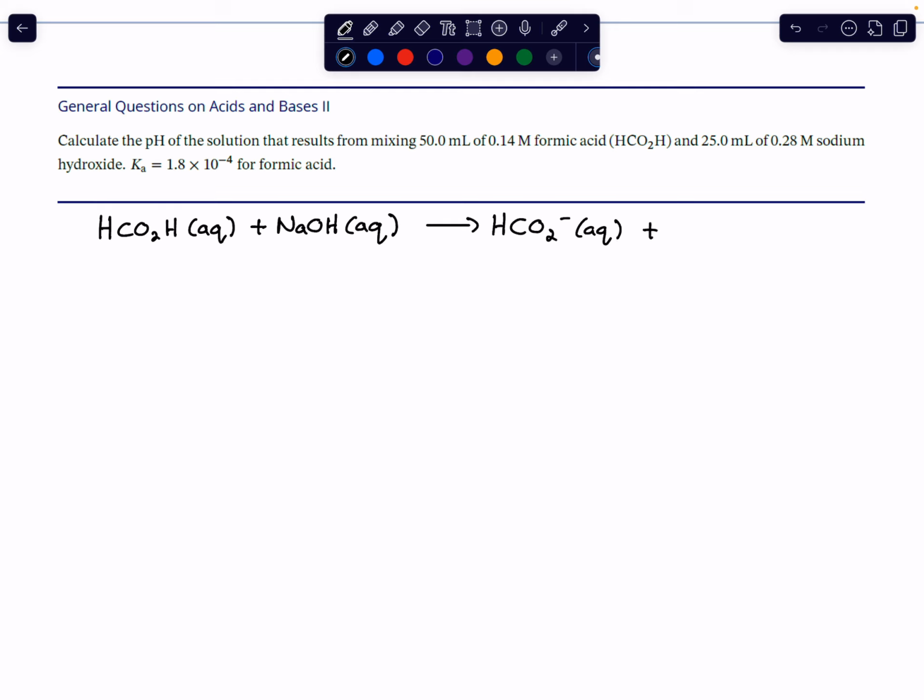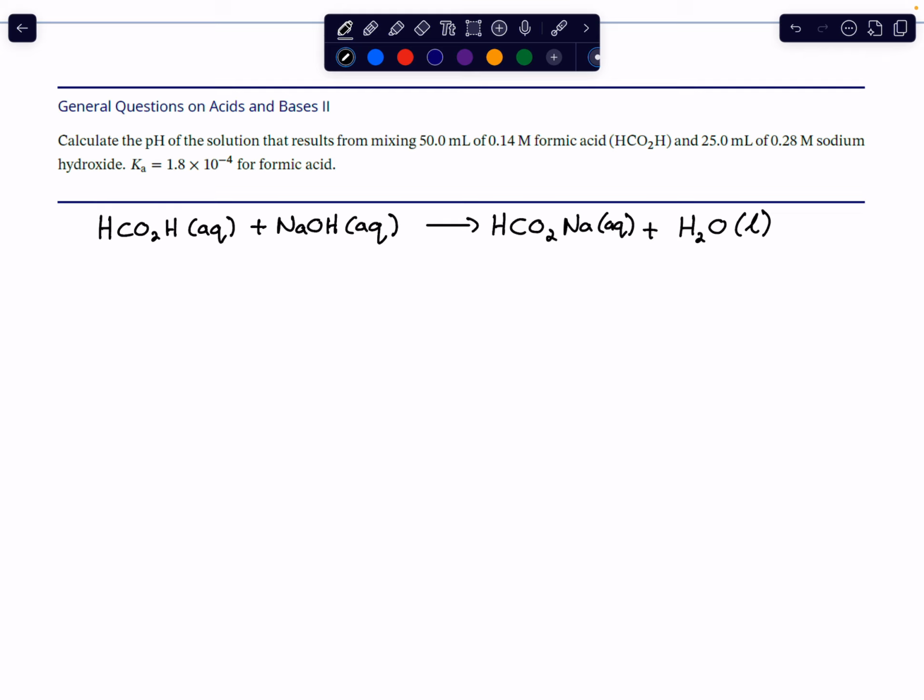So technically, the sodium should go here. My apologies. So aqueous, the sodium cation neutralizes the formate anion that forms there, plus water is the other product that forms.